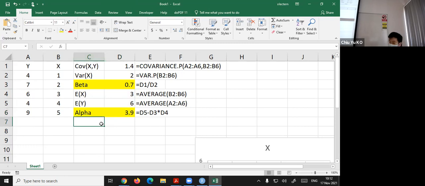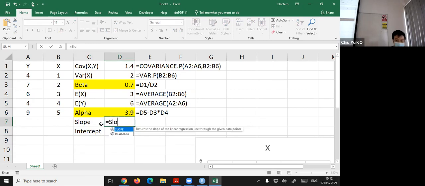So probably you will often say, oh, we commonly want to calculate alpha and beta. Can we have a shortcut? The answer is, in this new version of Excel, we have formulas called slope and intercept. There are two formulas that calculate directly. So this can be slope.